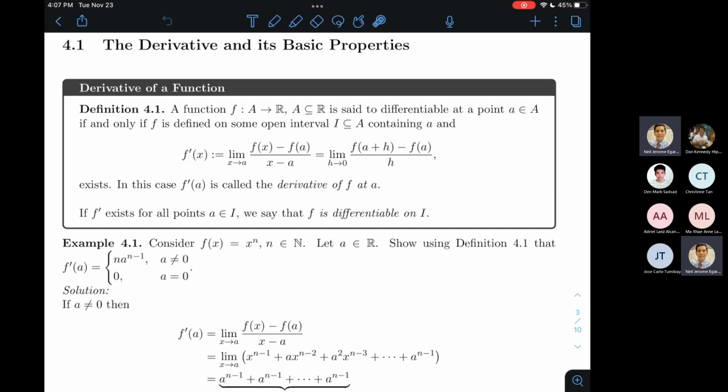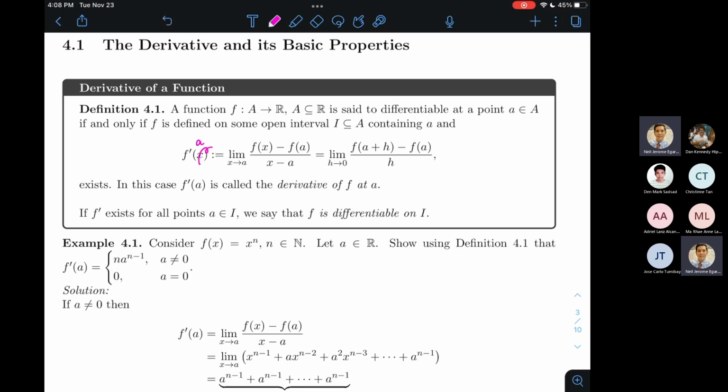f prime. F prime at x is the limit of f of x minus f of a all over x minus a as x approaches a. Okay, so there's a typo here. Nakalusot pa sa akin.